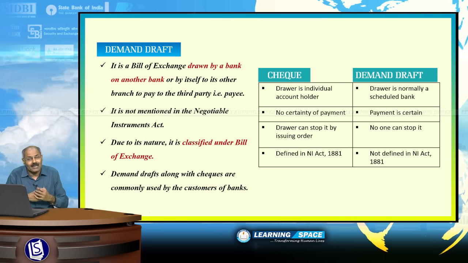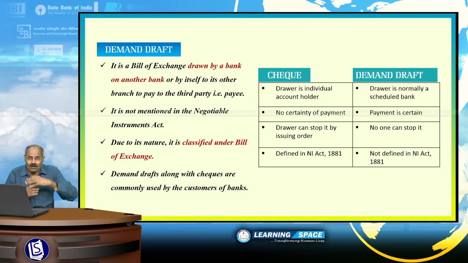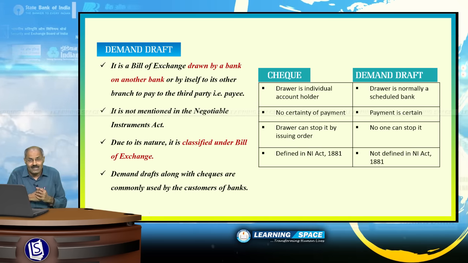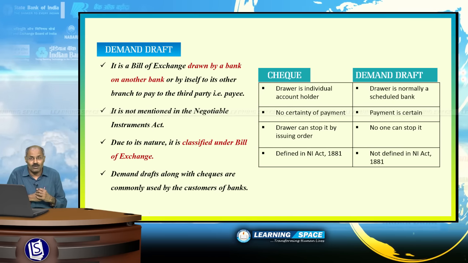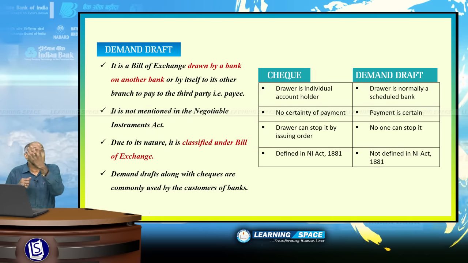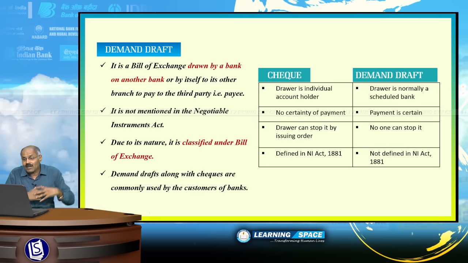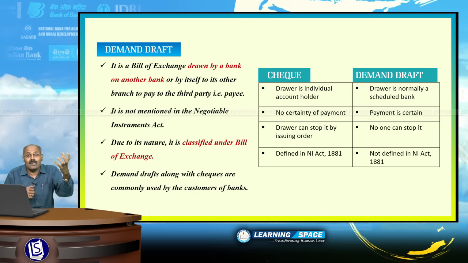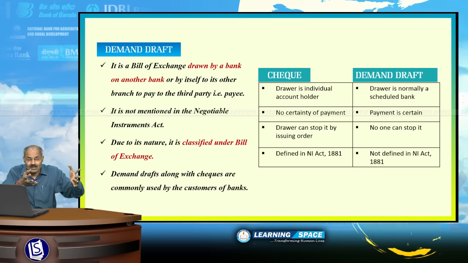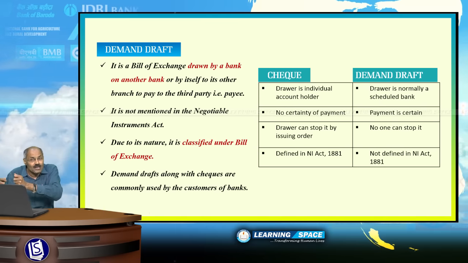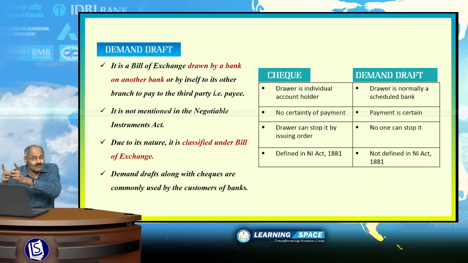Please look into it. Here the drawer is an individual account holder, or it may be a company, whatever it is. In the case of a check the drawer is an individual account holder, but in the case of a demand draft, normally it is a bank. The second important difference is that in a check there is no certainty of payment; the payment is uncertain. But in a demand draft, the payment is certain.